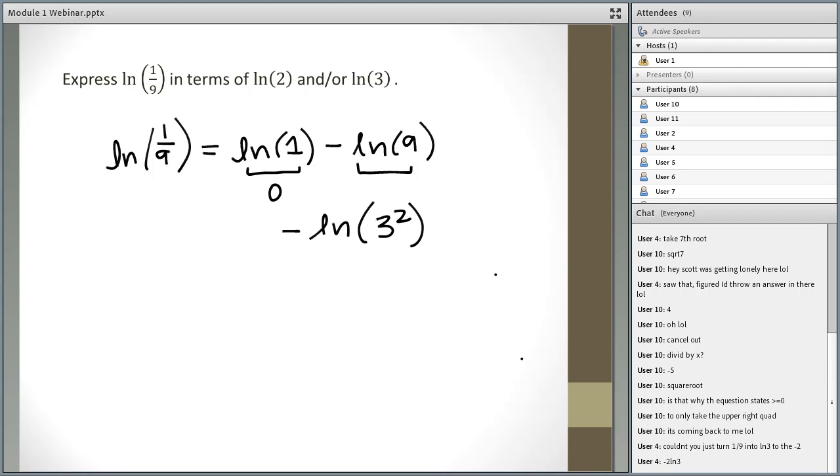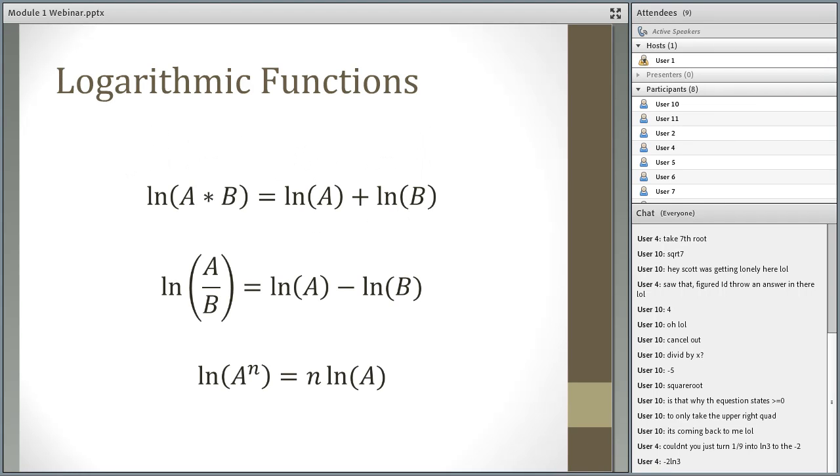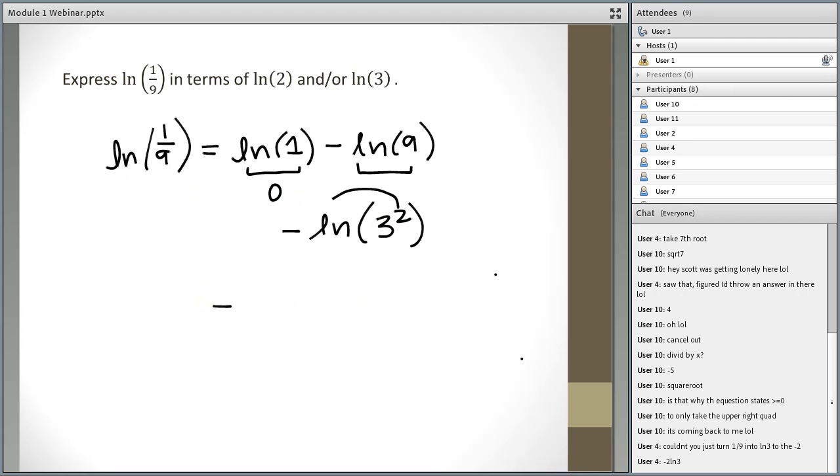So then I have the exponent, so the 2 can be moved out to the front. So if we look back, that is this rule. I can take the exponent and move it to the front. So I'd have negative 2 natural log of 3. And so I don't end up with a natural log of 2, but that's okay. We didn't need one.